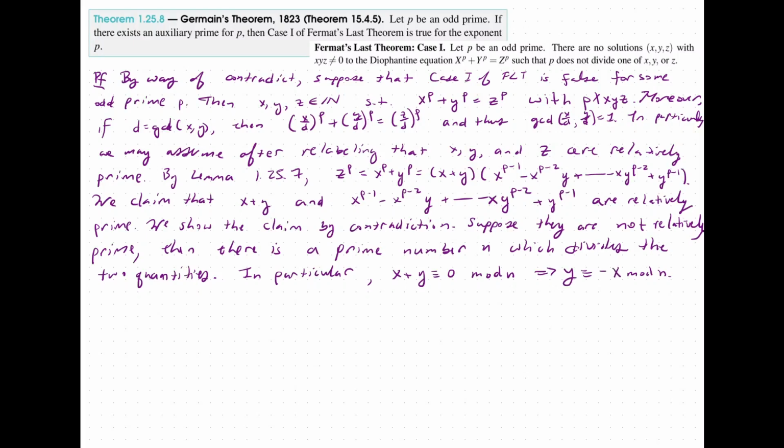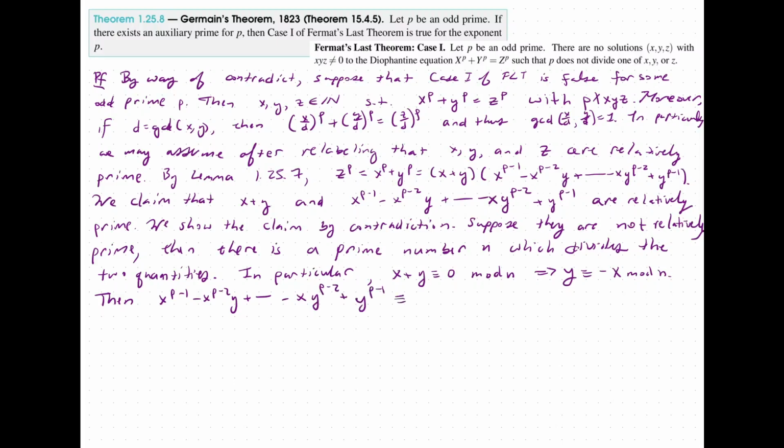So now we're going to go ahead and consider this modulo n. So keep in mind, by assumption, this is congruent to 0 mod n. And what we are going to do is substitute y is equal to negative x into this. So then we have that x to the p minus 1 minus x to the p minus 2 y all the way to p minus 2 plus y to the p minus 1.